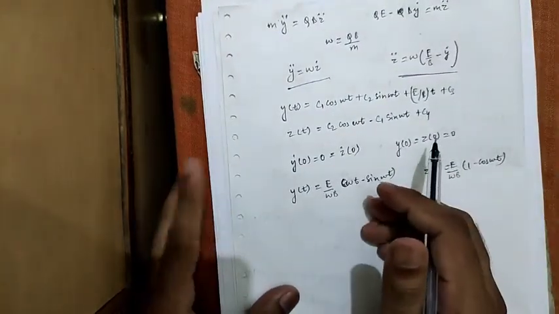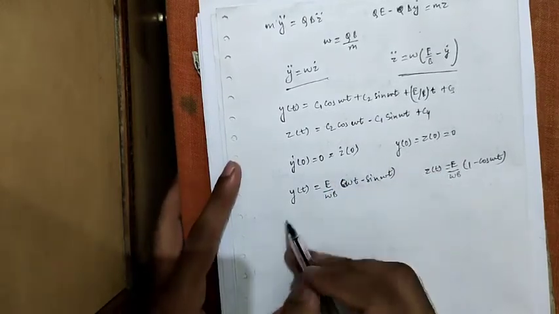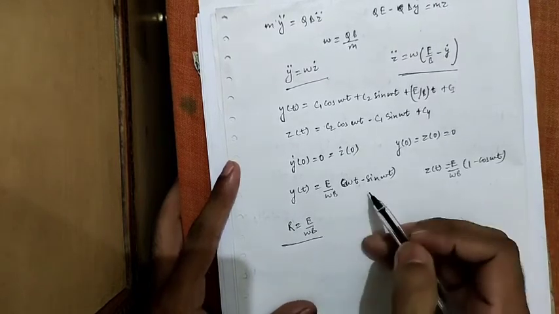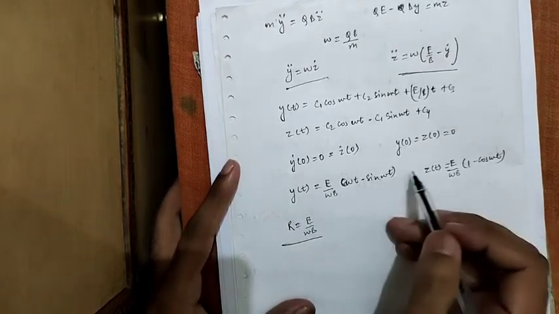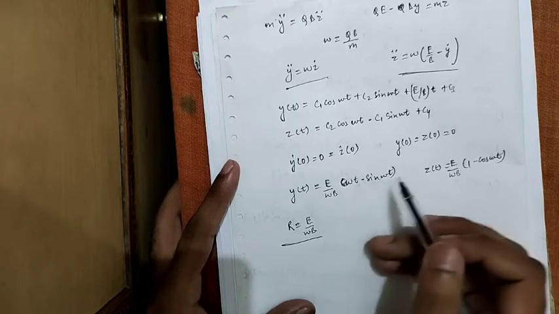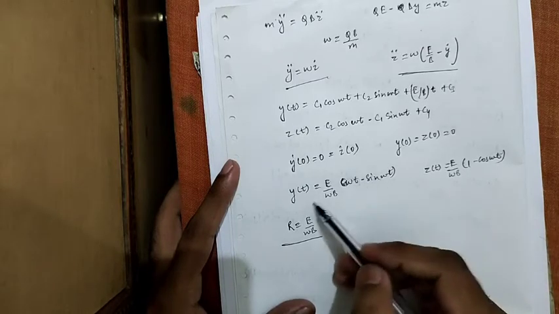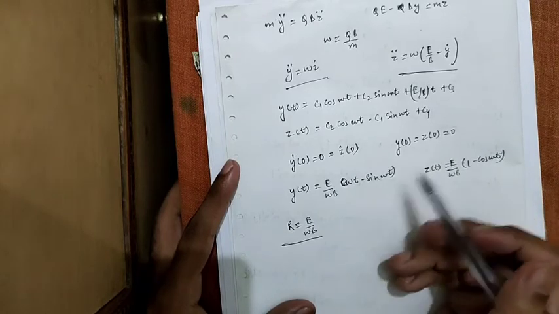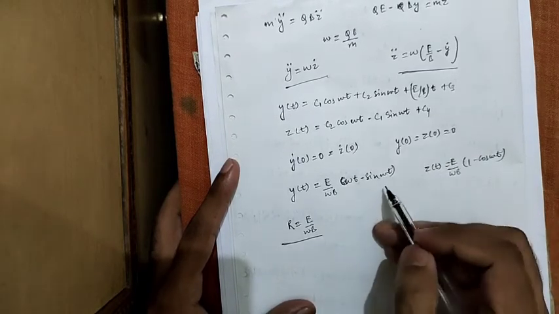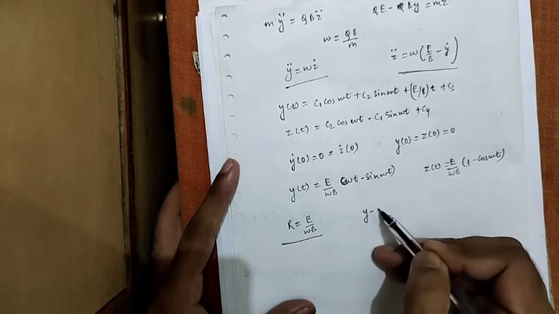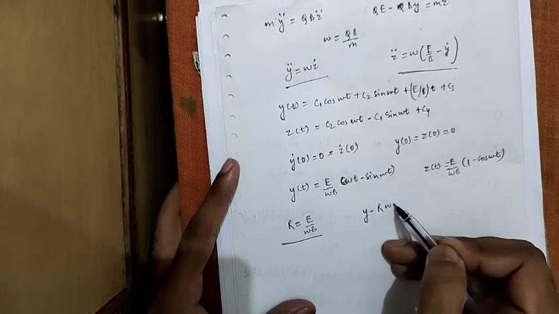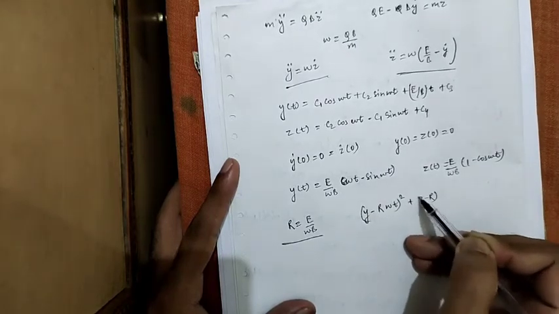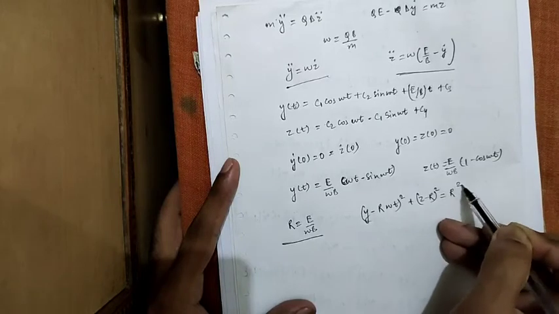Here I am again considering that r is equal to E by omega B. Then by some manipulation, adding the squares of these quantities, and using the trigonometric identity sin square theta plus cos square theta equals 1, we can form an equation: (y minus r omega t) square plus (z minus r) square is equal to r square.